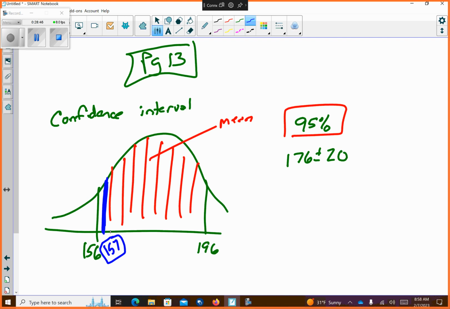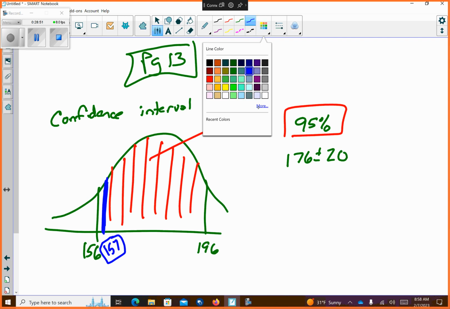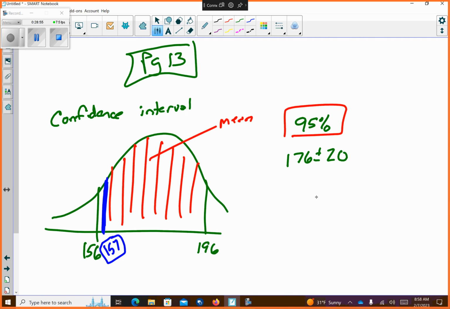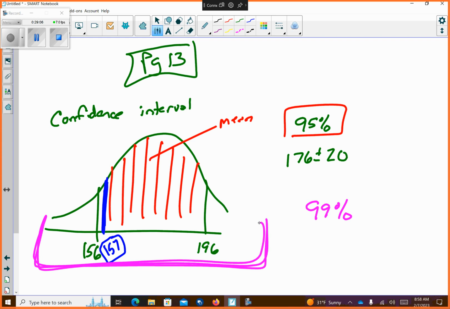So what that means, this is a 95% confidence interval. I'm going to pick hot pink. Okay, hot pink. If I wanted a 99% confidence interval, this becomes a lot wider. So just because I'm more confident doesn't mean I actually know where my parameter is.